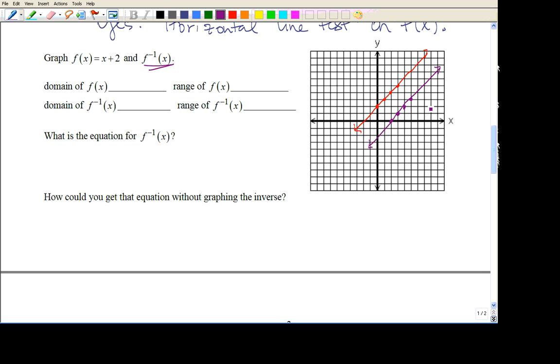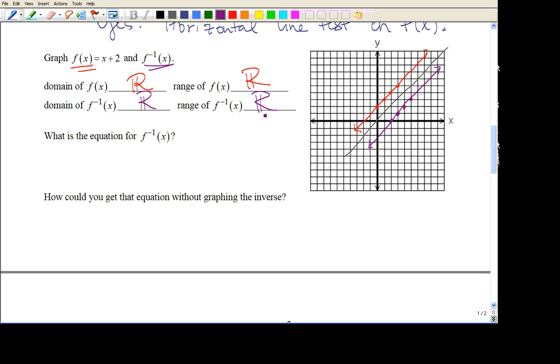And it doesn't look like it changed all that much, but notice that it's still reflected across the line y equals x. So the domain for f(x) is all real numbers, and the range is also all real numbers. Here, the domain for the inverse function is all real numbers, and so is the range.